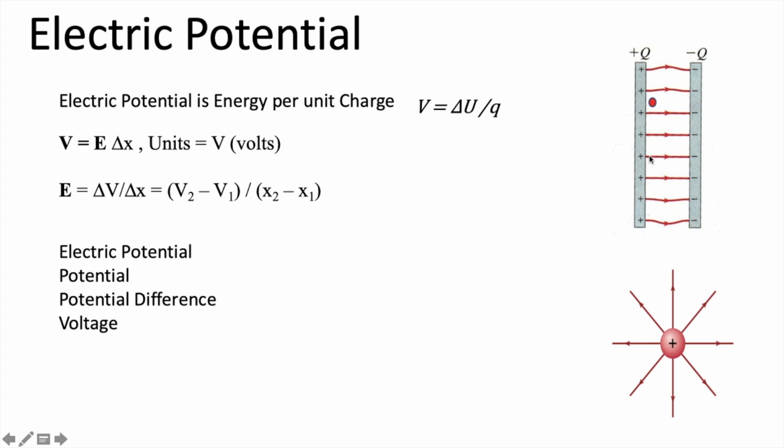Similarly, by separating plates like this, there is an electric potential between the plates. Now placing a charge here on the positive side, this charge has electric potential energy, and potential energy is represented by U.